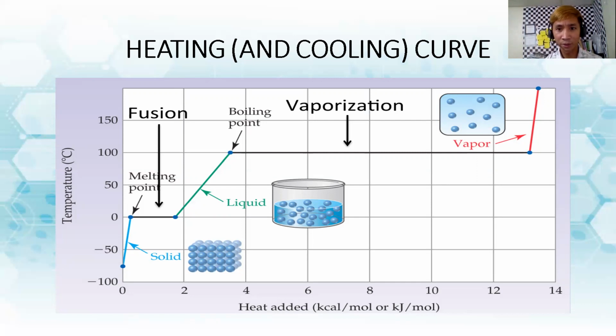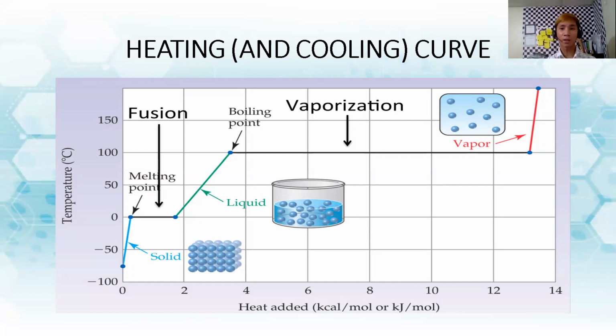This is the stage wherein the liquid starts to become gas. Okay, now if you're going to notice at this point, yung kanyang temperature ay stable lang, 100 degrees Celsius, until we completely change that into gas.